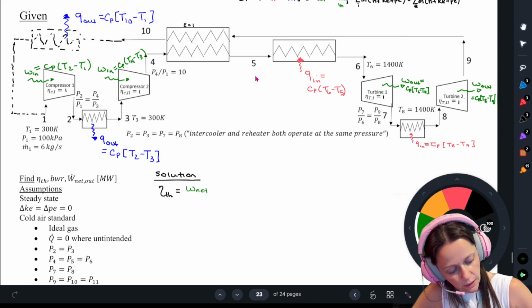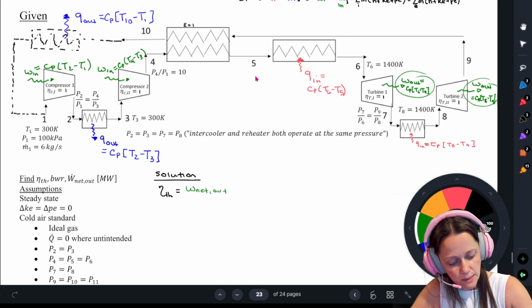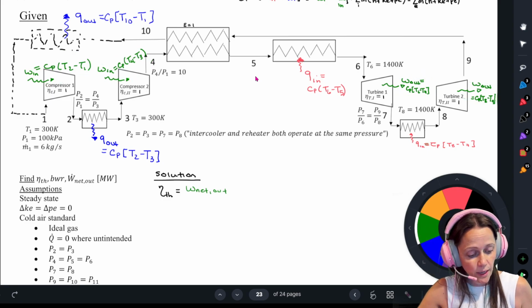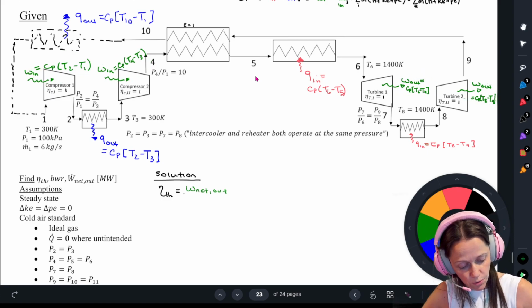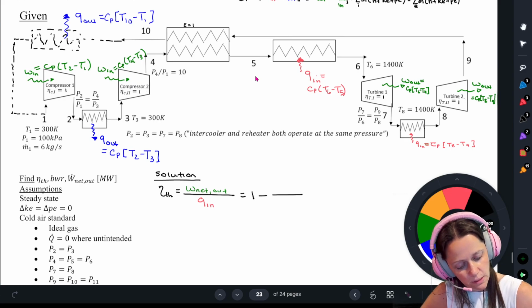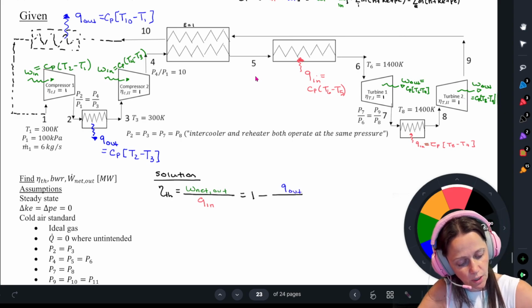So work net out, that would be this plus this minus this minus this. And that's a good exercise to go through. Make sure you get the same thing over the Q in. I'm going to define that Q in momentarily because I'm going to actually define my thermal efficiency in terms of the Q out over the Q in.